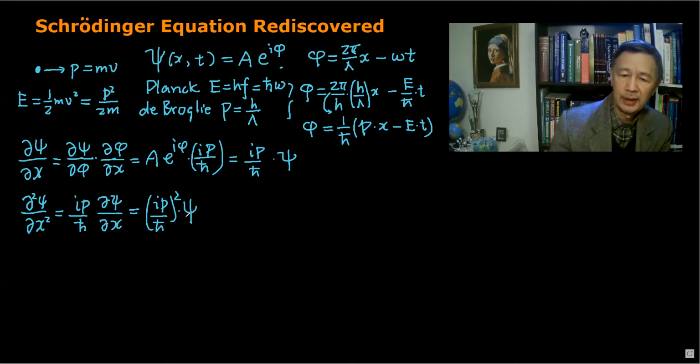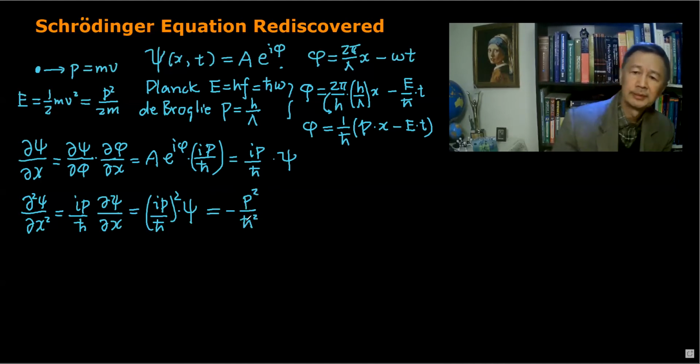This term seems a little bit strange, so we can manipulate this factor slightly. First of all, i squared will be minus 1. So in this way, we obtain p squared over h bar squared. So what does the p squared mean?